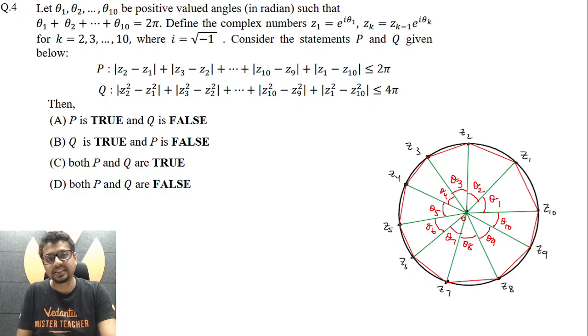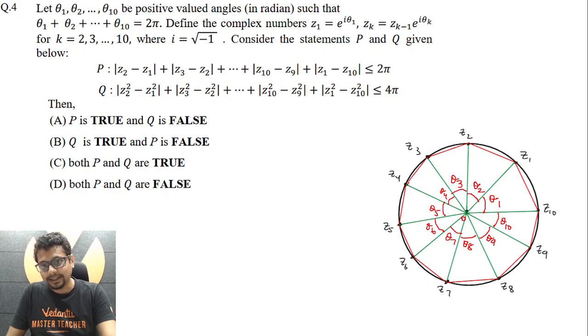Now coming to statement P, what is mod Z2 minus Z1? It's essentially the distance between these 2 points, which represent Z2 and Z1. Mod Z3 minus Z2 again essentially is the distance between the points representing Z2 and Z3.